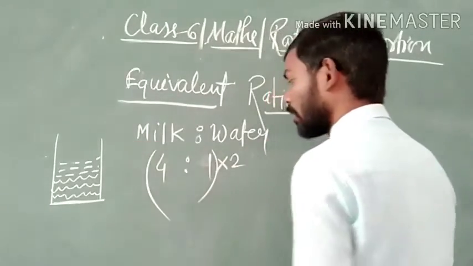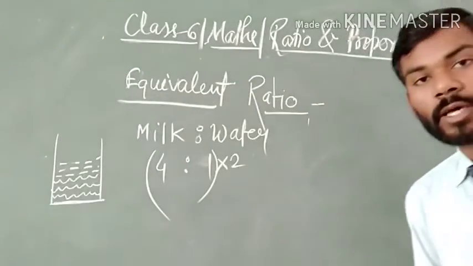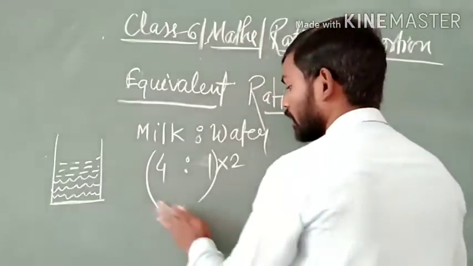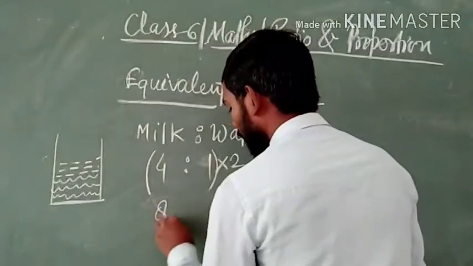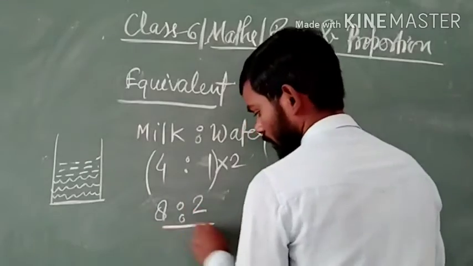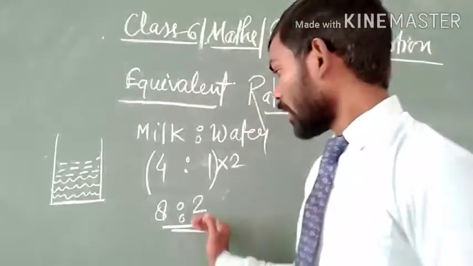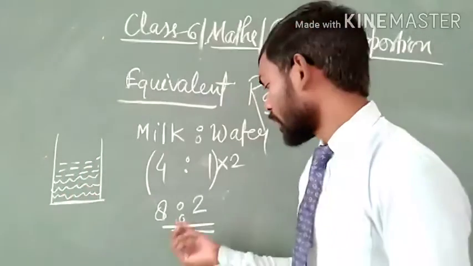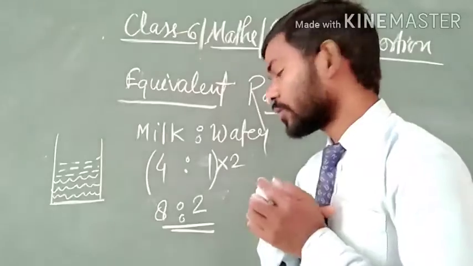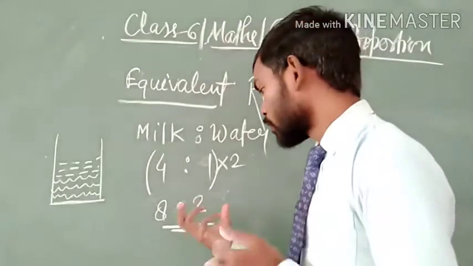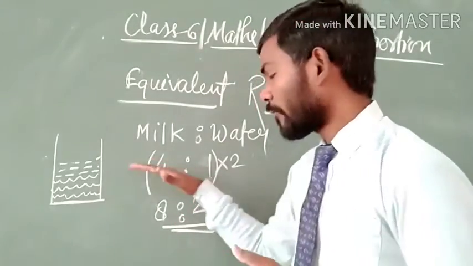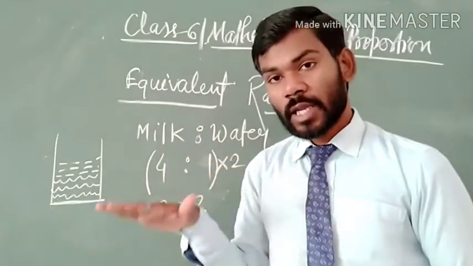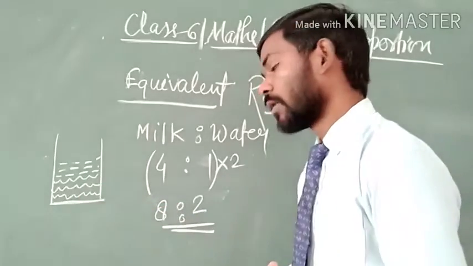But in order to keep the ratio constant, we have to also multiply the amount of milk by 2. So we multiply both terms of the ratio by the same number, and in the next step we get 8 ratio 2. After adding milk and water in extra amount, we get the ratio 8 ratio 2, which shows that the ratio of water and milk remains constant.